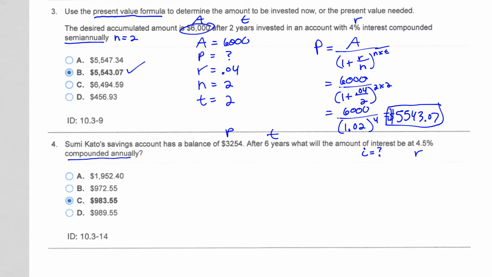This is annually is 1. So we don't know the account balance in the future, but we do know the present value. The rate is 0.045, n equals 1, and t is 6.